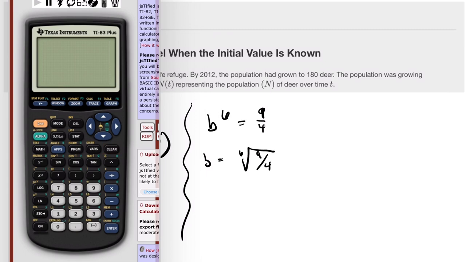One way we can do that in the calculator, we can say 9 over 4 to the power of 1 over 6. That gives 1.145. So b is approximately 1.145.